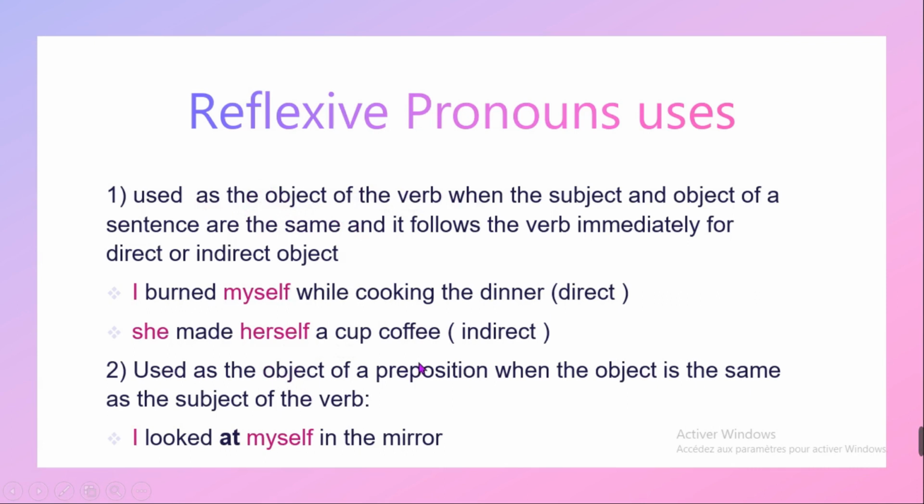So the reflexive pronoun comes directly after the preposition. An example, I looked at myself in the mirror. Here the subject I is the same as myself. I and myself are the same person, and myself came right after a preposition, at.